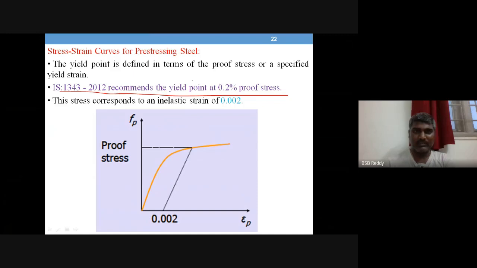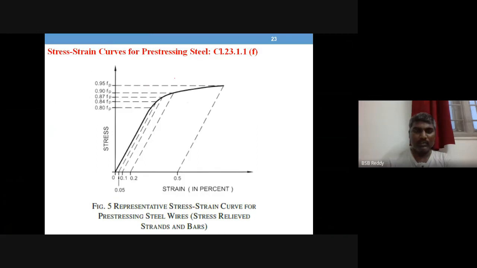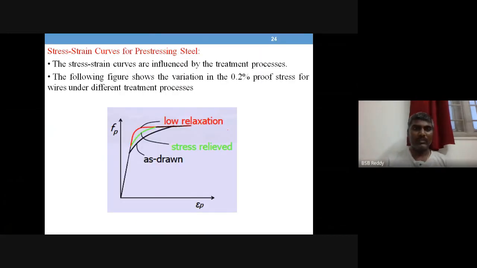We also talked about the IS code recommendation on yield point, where 0.2% proof stress is taken as yield point for high strength steel, and also the curve given in IS code and related explanation in clause 23.1.1F, where figure 5 gives the stress-strain properties of steel and its dependency on the treatment process.